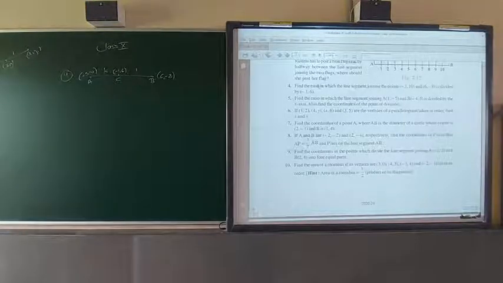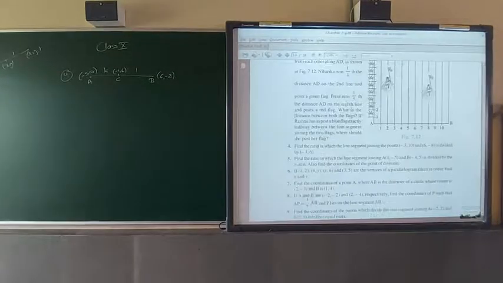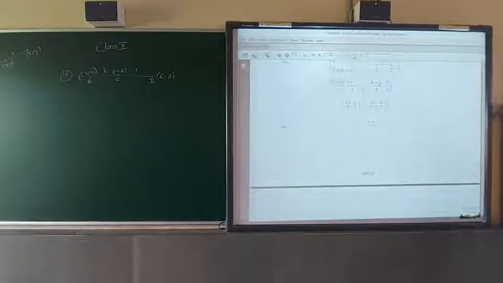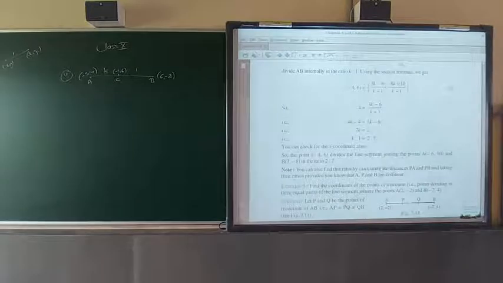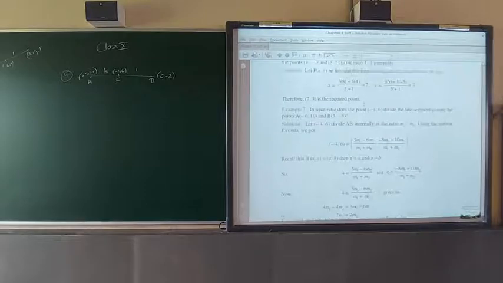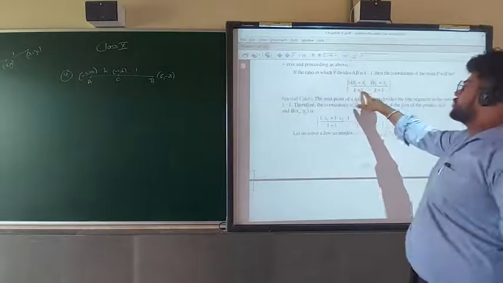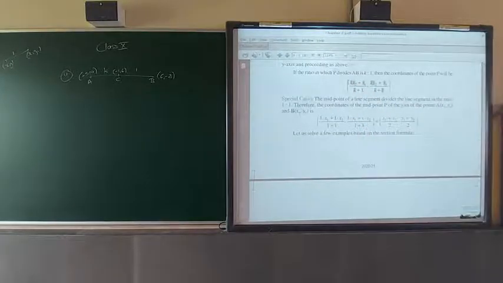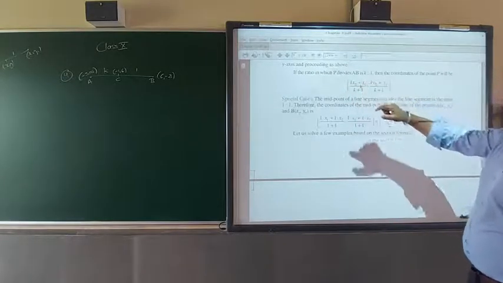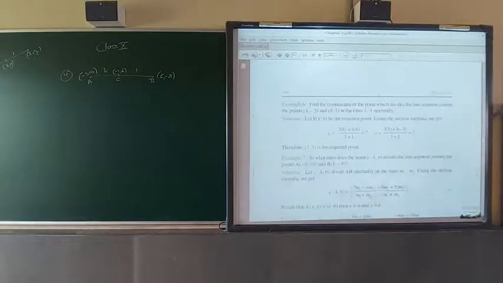You can also find the formula in the book. When the line is divided in the ratio k:1, the coordinates of point P will be (kx2 + x1) upon (k + 1), (ky2 + y1) upon (k + 1). This formula I will apply here.